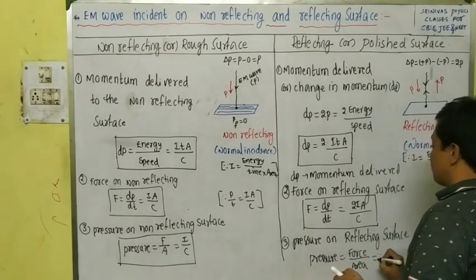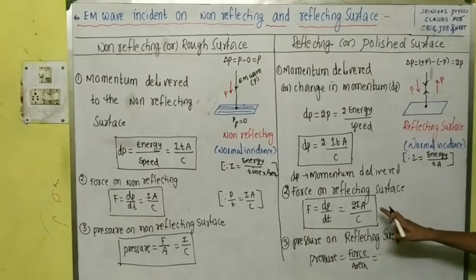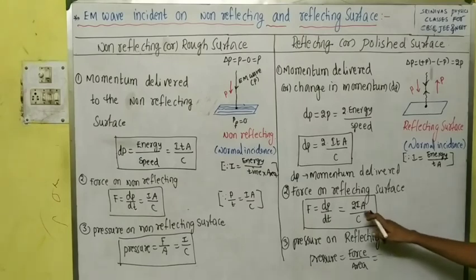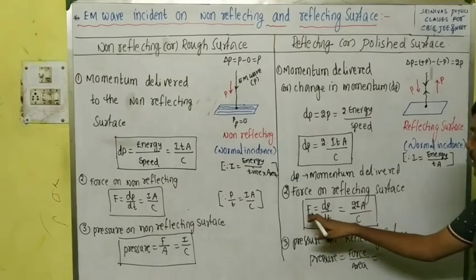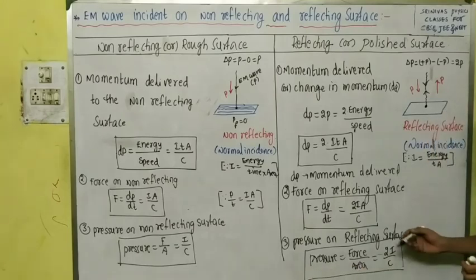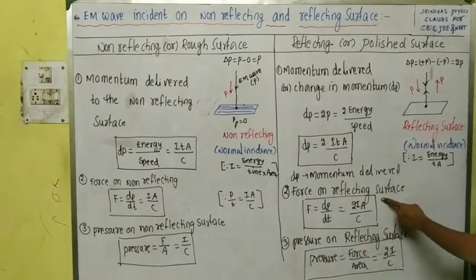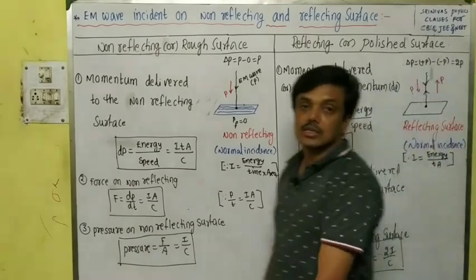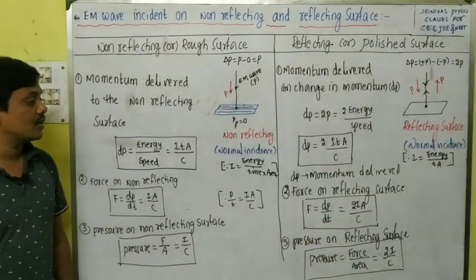We divide the force by the area; taking A to the left side, F by A, we get 2I by C. This is the formula for the pressure exerted by the EM wave on the reflecting surface. This is the formula for the pressure, this is the formula for the force, and this is the formula for the change in momentum delivered.